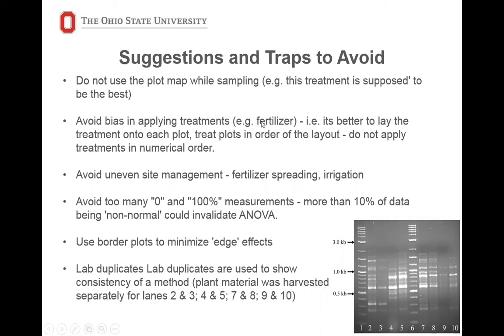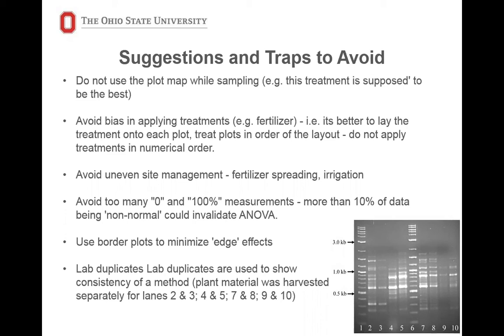Equally, when we're applying treatment, say we're applying fertilizer, if we've weighed our fertilizer into bags, it's better to put those bags out on the plots and spread that in the plot order of the layout.